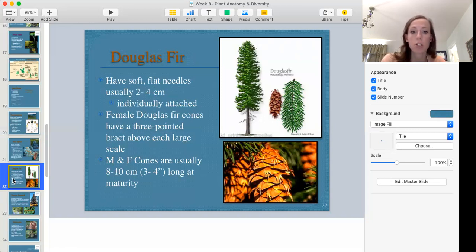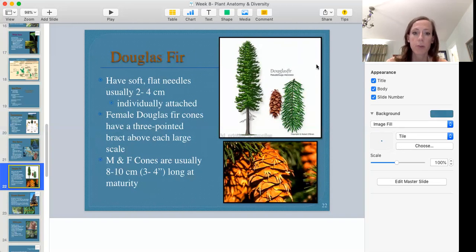So you should be able to identify the blue spruce, as well as the next one, which is a Douglas fir. One of the key features about the cones in particular that I always look for is that the female cone has this 3-pointed bract, this structure here outside some of the scales on the cone.